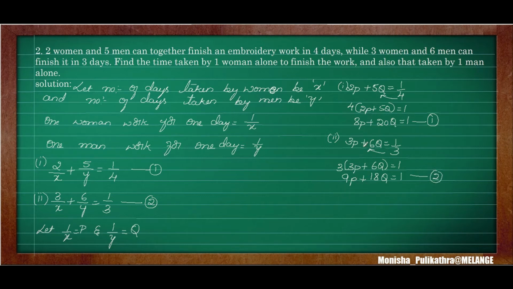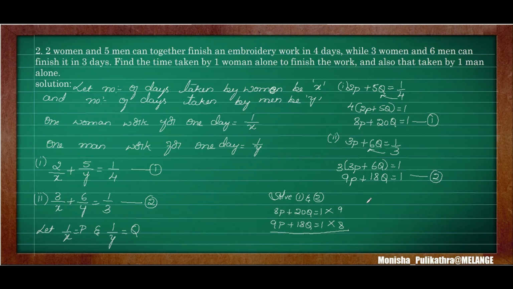Now we need to solve equations 1 and 2. So 1 is 8p plus 20q is equal to 1. Next one is 9p plus 18q is equal to 1. I will be using the cross multiply method: the first equation by 9 and the second by 8.